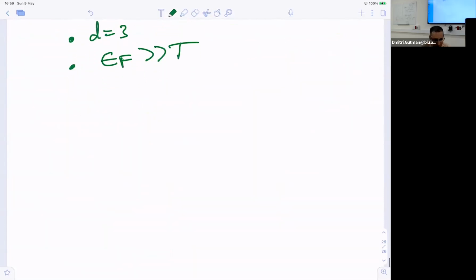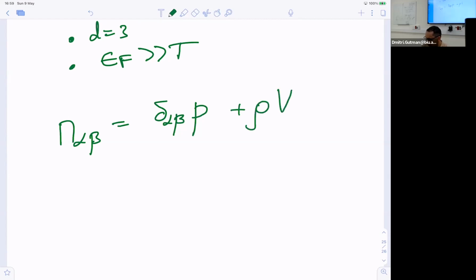So, okay, that's nothing to do with computation. So we got P alpha beta, so let me just write it down, is equal to delta alpha beta times pressure plus rho V alpha V beta.